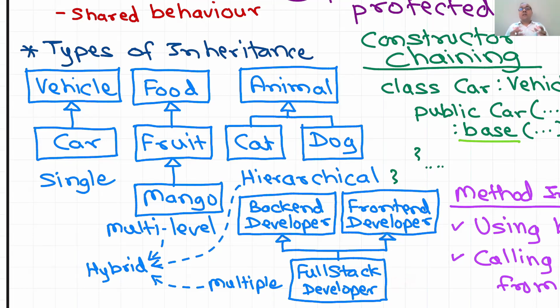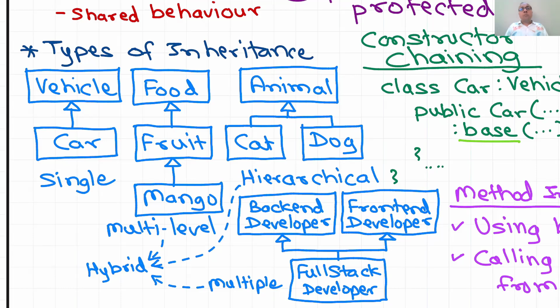Here you see that the backend developer can develop the application backend. The front-end developer can develop the application front-end GUI, but a full stack developer should be able to develop the backend as well as front-end. So I want all the properties of the backend developer and front-end developer to be present in the full stack developer. And that is the reason we are doing multiple inheritance.